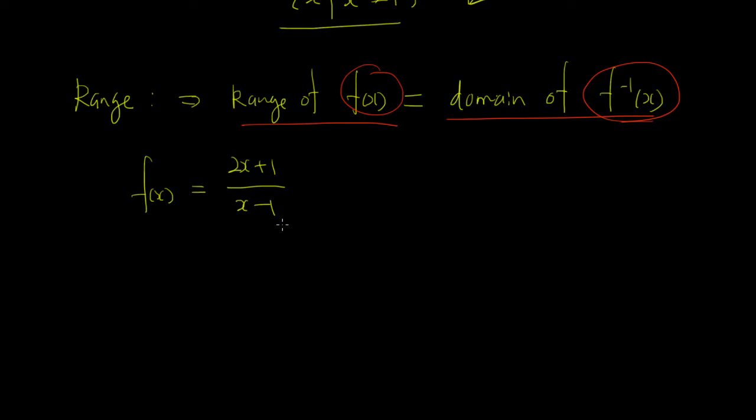Now we tried this question in our previous video, but let's do it again. I want you to pause this video and try to find the inverse. See if you can find it now.